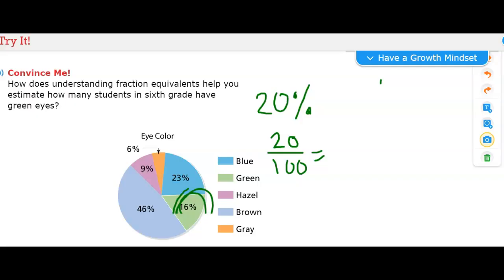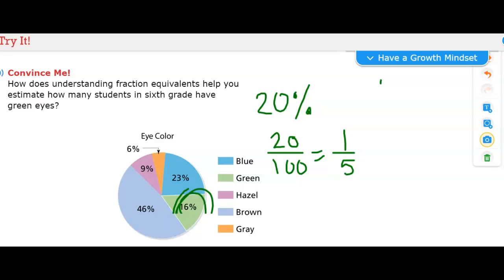If I divide 20 by 10, I would get 2, and if I divide 100 by 10, I would get 10. No, I can have a greater factor. Sometimes you have to do this so that you can simplify it to the smallest degree. 20 divided by 20 is 1. 100 divided by 20 is 5. Now I have the smallest fraction representation of 20%, so 1/5.